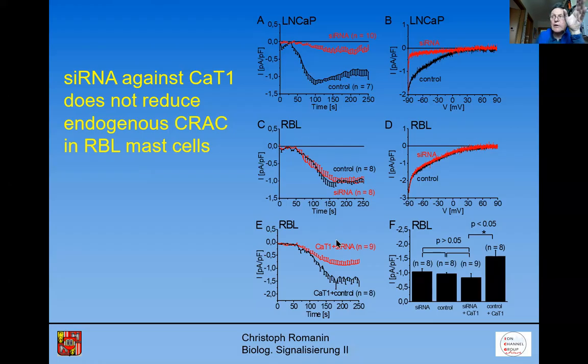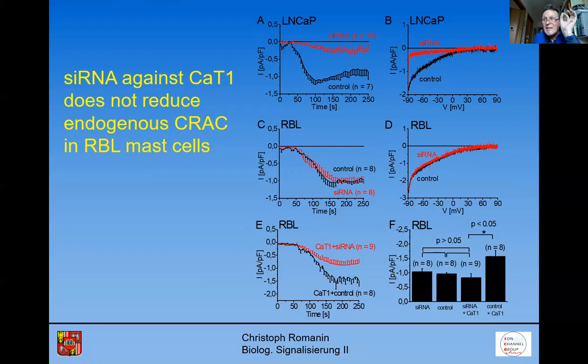And just to be sure that the siRNA is working, because we have 2 different cells, it worked pretty well in the Allen cap cells. But the question is, maybe something is different with the RBL cells. We did the same experiment in RBL cells. We expressed CAT1, and of course overexpression of CAT1 leads to higher currents. That is what I've shown before.